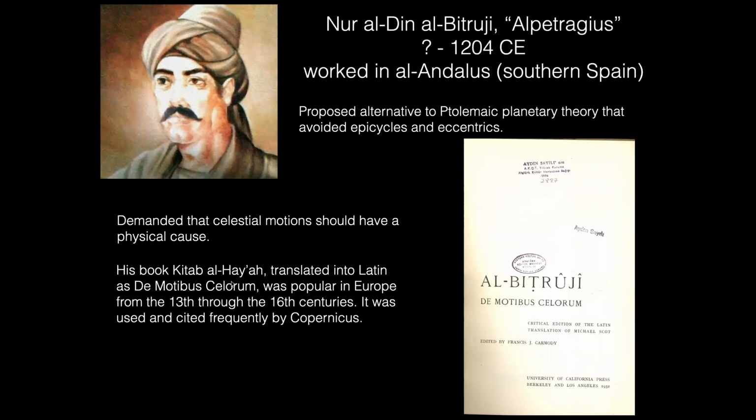His book, Kitab al-Hayya, was translated into Latin as De Motibus Celorum, which means on the motions of the heavens. This book was popular in Europe from the 13th through the 16th centuries and was used and cited frequently by Copernicus. Again, with al-Biruni and al-Haytham, he demanded that celestial motions must have a physical cause.